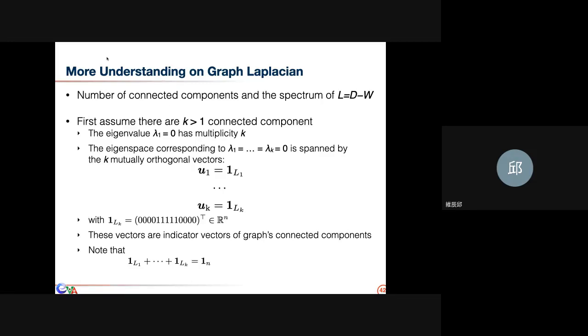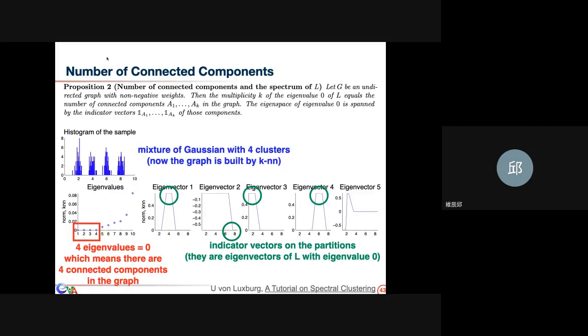Okay. So now let's give you an example. Let's assume you have a data set. This data set is basically a 1D data set, so you have a lot of 1D data points.